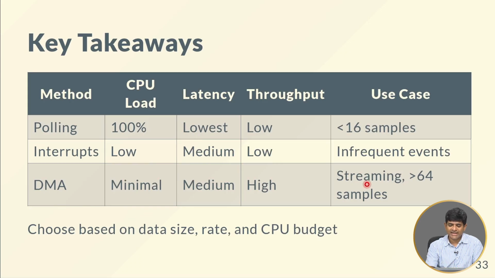Whereas DMA is precisely meant for scenarios like streaming, especially when you have a relatively large number of samples. Once again, keep in mind these numbers, as we saw from the examples, are dependent on the actual time taken for MMIO transfer, DMA setup and so on, right? So the final choice of the correct approach to use would depend on how much data, the rate at which you are processing, and whether or not you care about the CPU being kept busy at any given point in time.